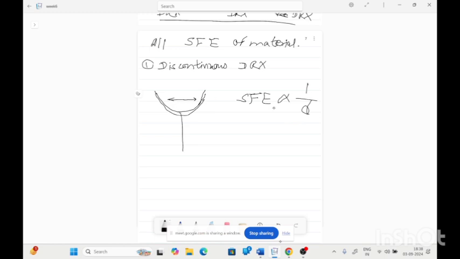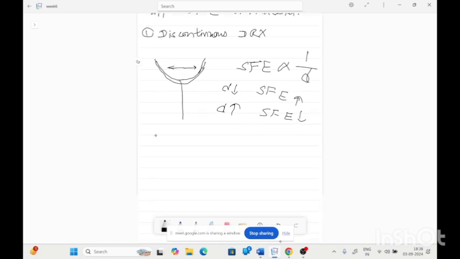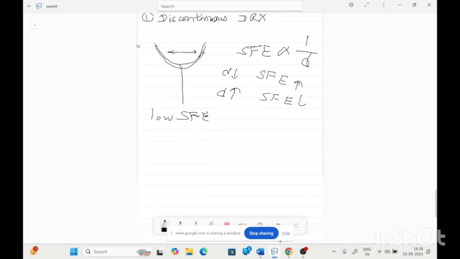If the width d between two partials is less, then stacking fault energy will be high, and if the separation d is high, then stacking fault energy will be low. So in low stacking fault energy materials, discontinuous dynamic recrystallization occurs.